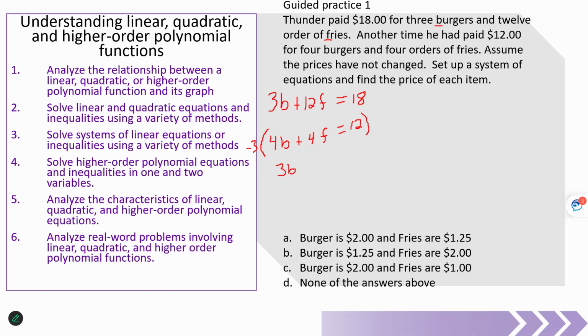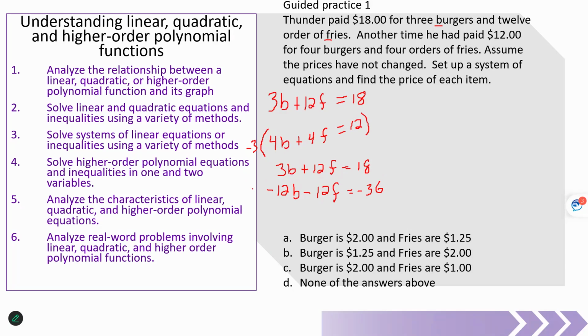All right, so I have 3b plus 12f equals 18. And then when we distribute a negative 3 in, I get a negative 12b minus 12f equals negative 36. Okay, so we've modified the second equation so that the coefficients in front of the f's are the same number, opposite signs.